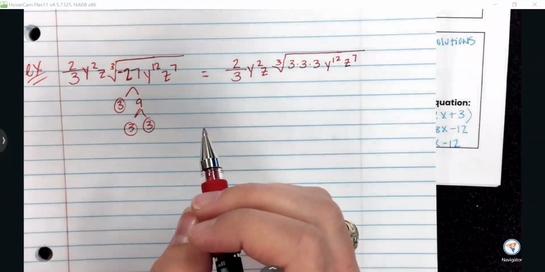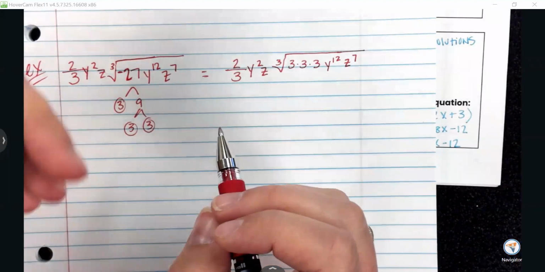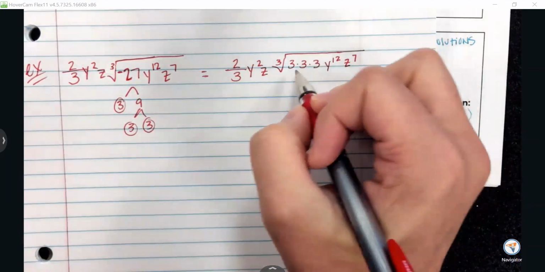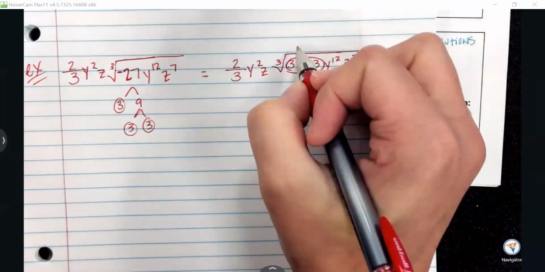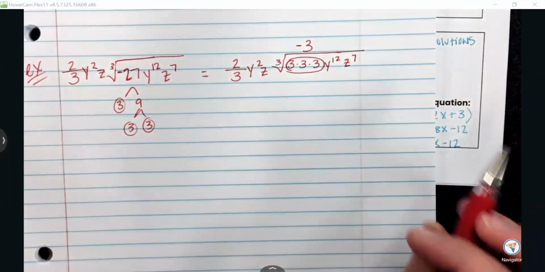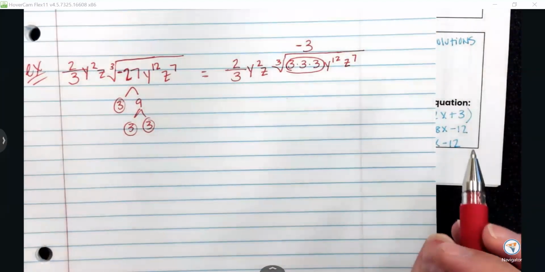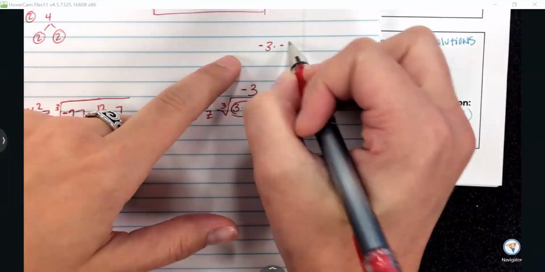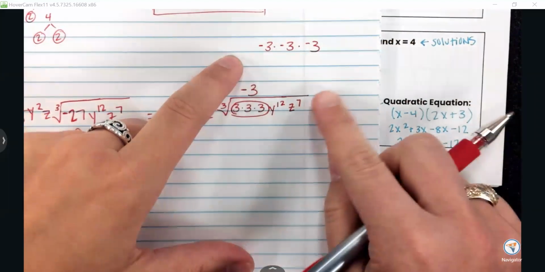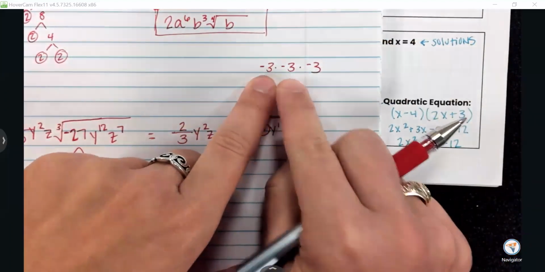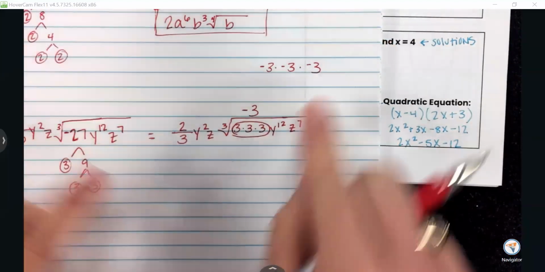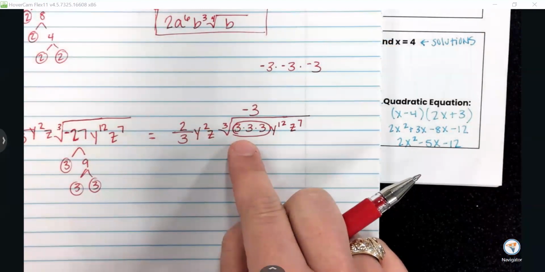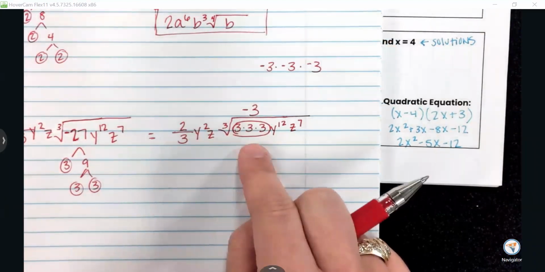If it is an odd root, the negative will automatically come outside, okay? So I have a group of 3 right here. So I now have a -3 outside. Because if I have -3 times -3 times -3, what's a negative times a negative times a negative? So I have a -27. So my -3 cubed gives me a -27.